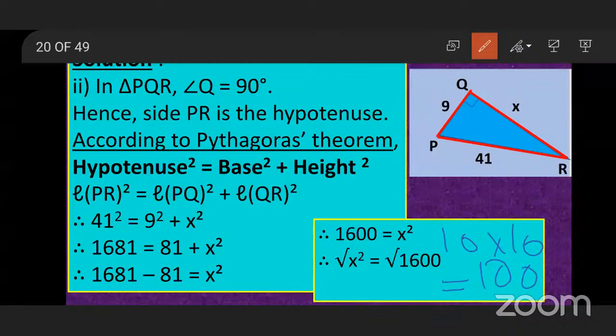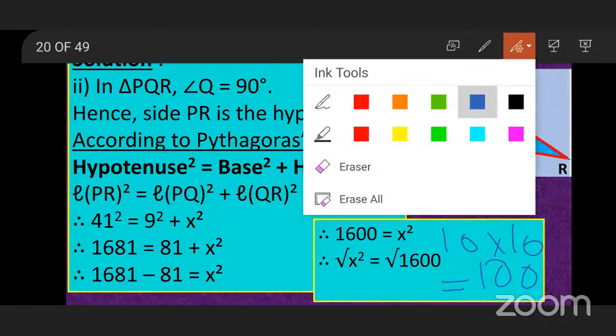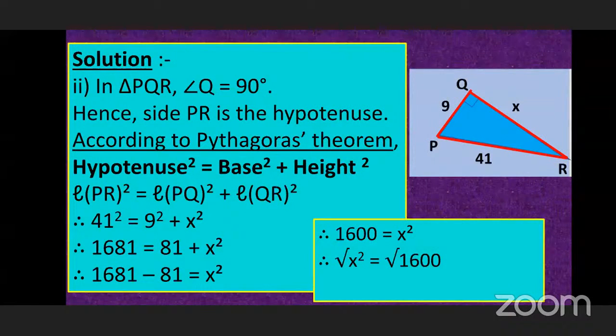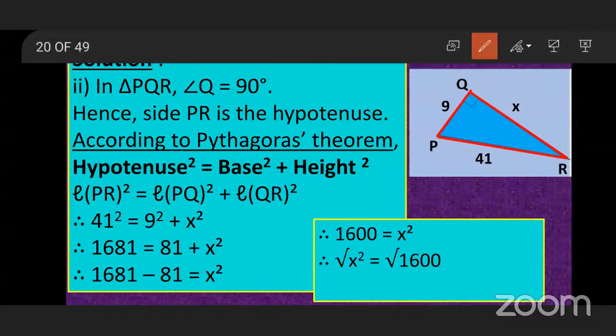In the same manner, if we will multiply 400 by 400, we will get 4 zeros, children. The answer will become 16 and 1, 2, 3, 4 zeros we will get.